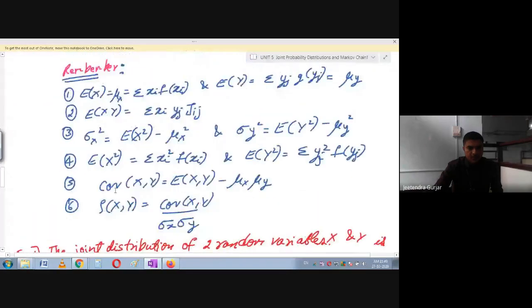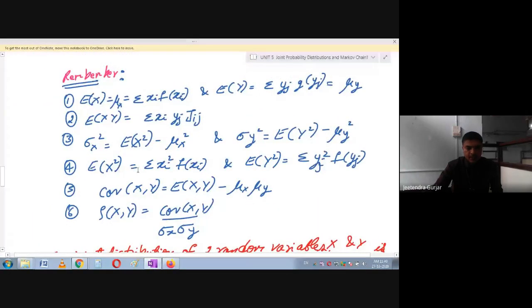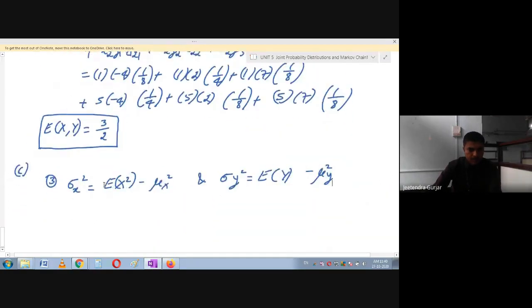Yes, E of x square is nothing but, as in the last lecture where we solved, the sum of all xi square into f of xi, and here the sum of all yj square into f of yj. Please use this formula. I will write here, simultaneously. See, I will take sigma square x is equal to the sum of xi square into f of xi minus mu x square. Simultaneously try to solve.